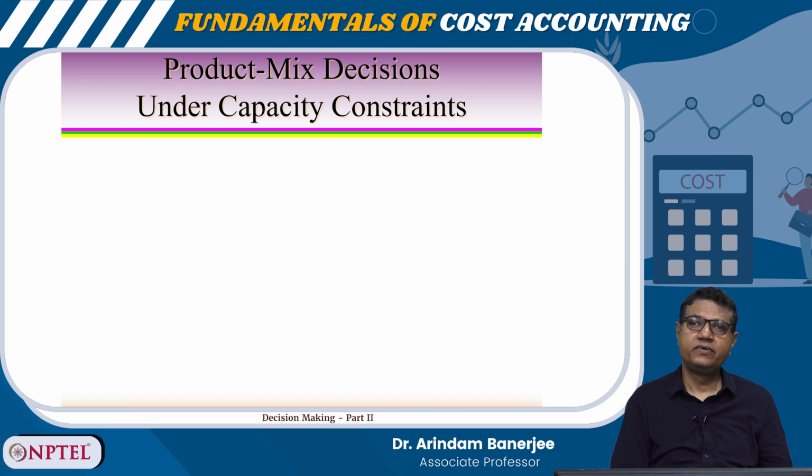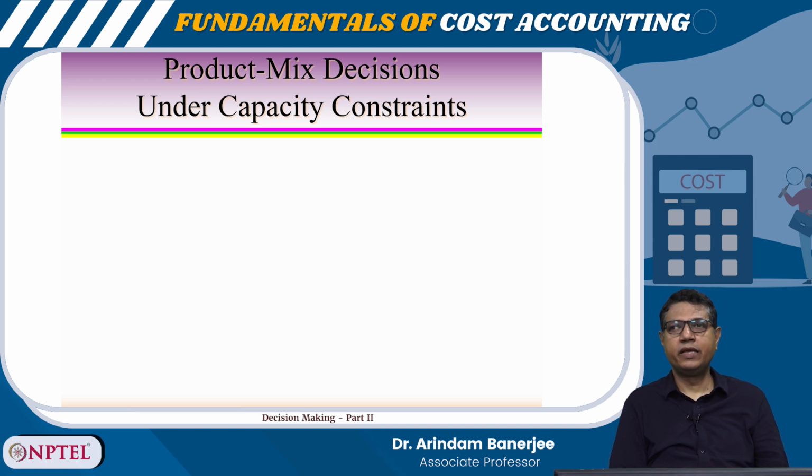But there can be several types of constraints. There can be a constraint in market demand, in raw material, in the supply of skilled labor, in machine hours, in space.